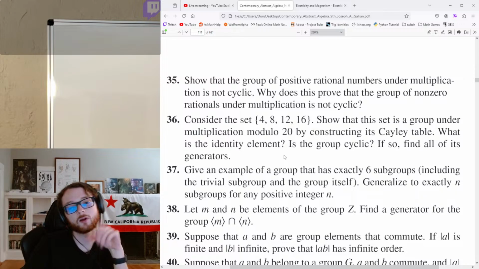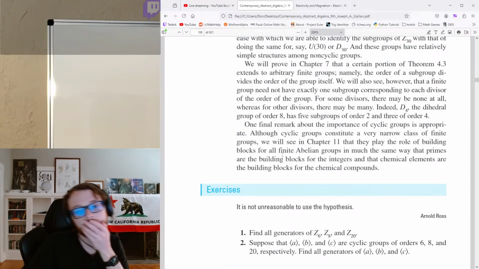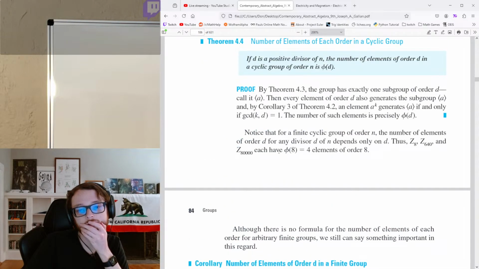Do we have something that would help us with this? Is there something that's better than guessing and checking here?